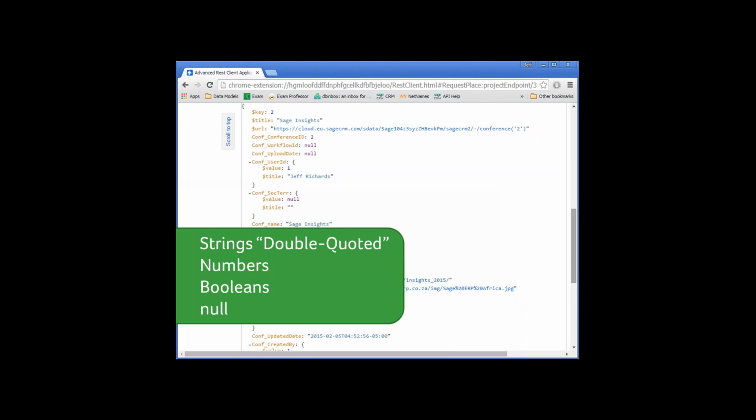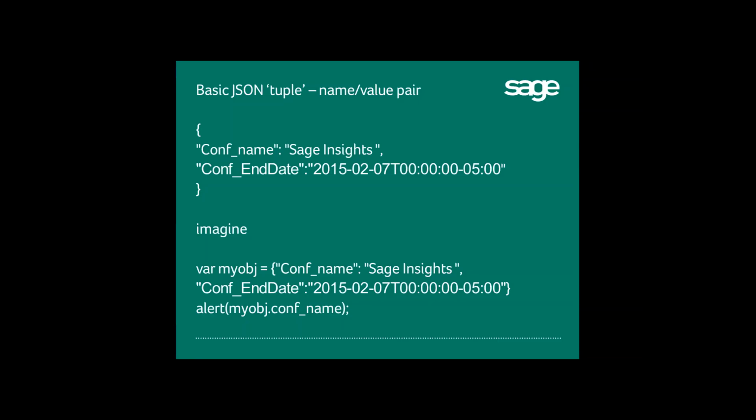We'll support strings and numbers and booleans and null values, and also the idea that our own properties can be other objects themselves, either objects with further tuples or objects which have arrays.